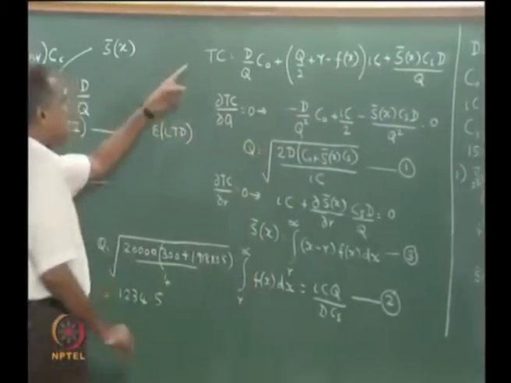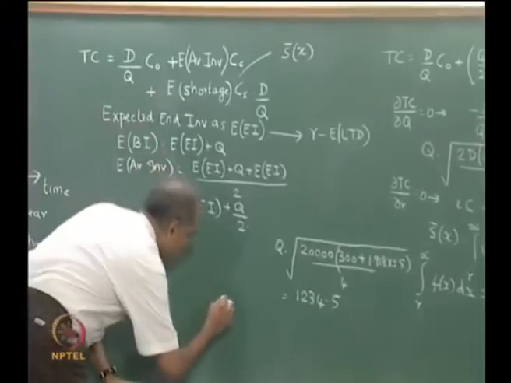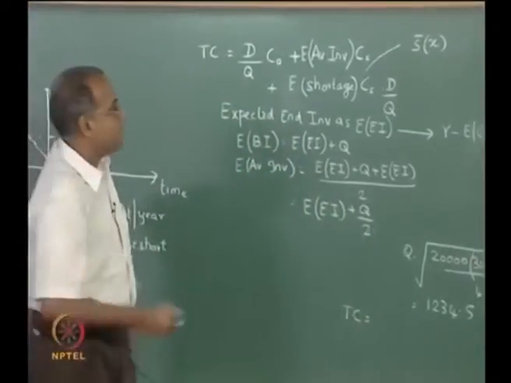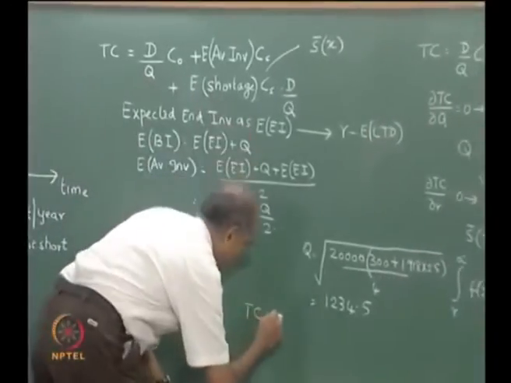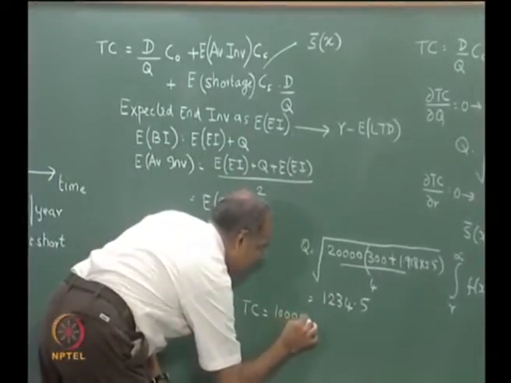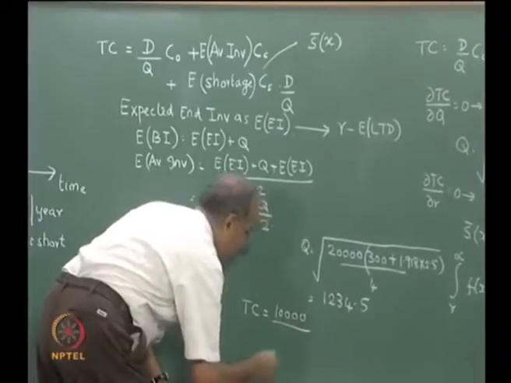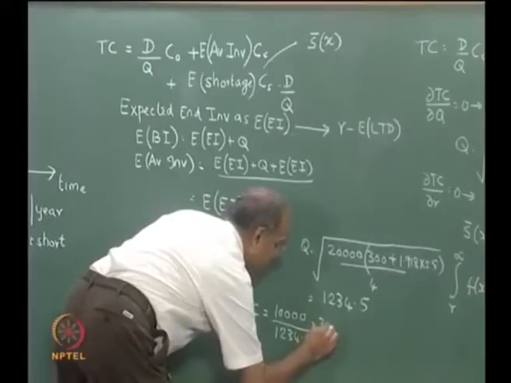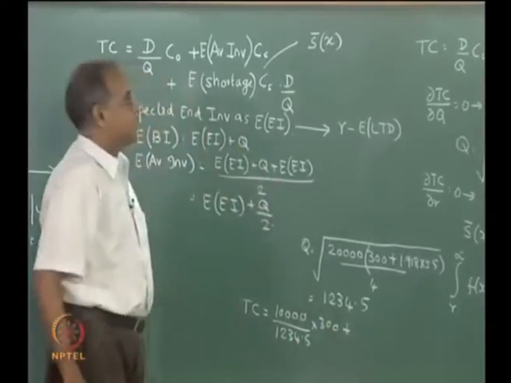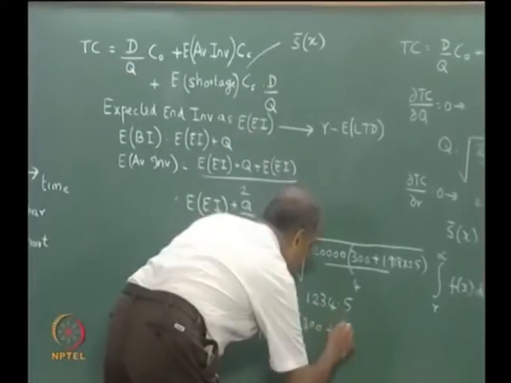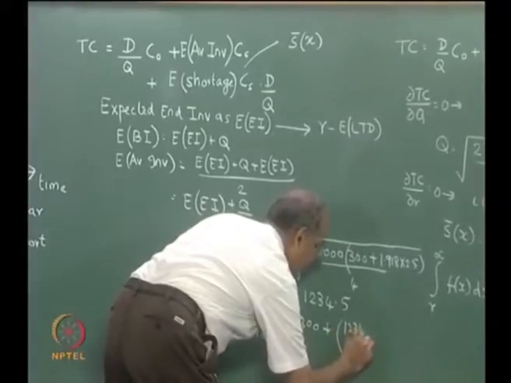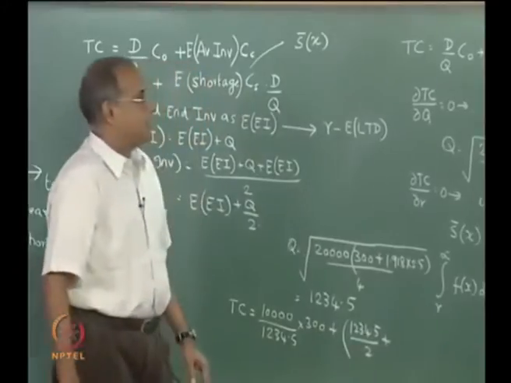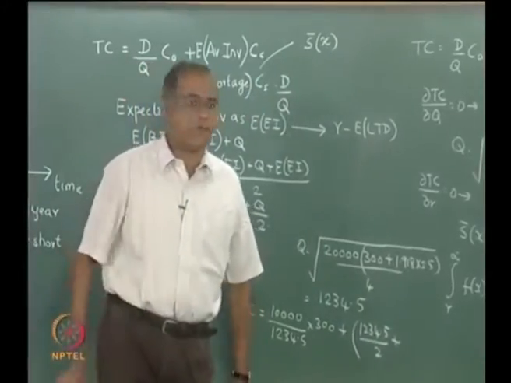For these chosen values the total cost TC will be D by Q into C naught, which is 10,000 by 1234.5 into 300, plus Q by 2, which is 1234.5 divided by 2, plus R minus expected value of f of x.